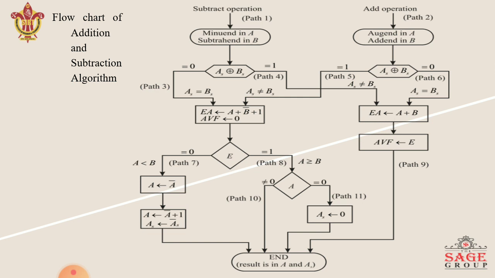In the subtraction algorithm the output of the XOR of AS and BS equals 1, and in the addition algorithm the output of the XOR of AS and BS equals 0, then in both conditions we follow the flow chart and do the same operation, A plus B, and the output goes to EA.